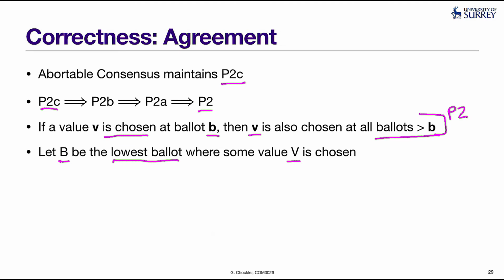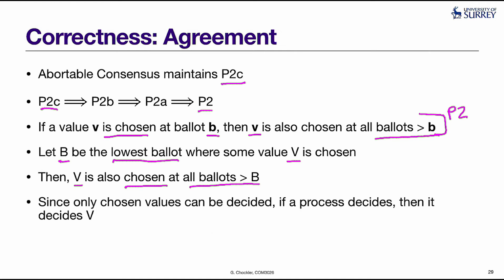So we apply property P2 and we conclude that V is also chosen at all ballots greater than B. Okay. And abortable consensus, in fact, returns a value which is chosen if it returns something which is not abort. And therefore, only the chosen values can be decided. So the values which are different from abort are the chosen values, and they are those which are returned to the high level, to the leader protocol.